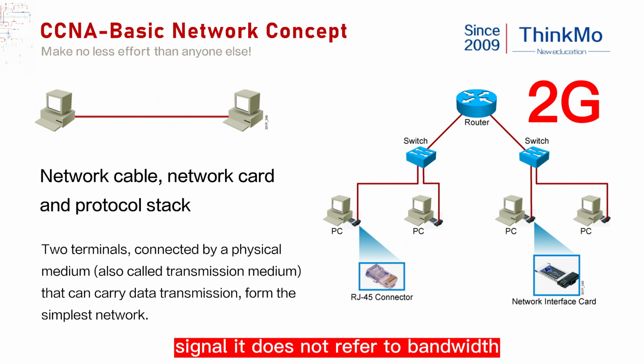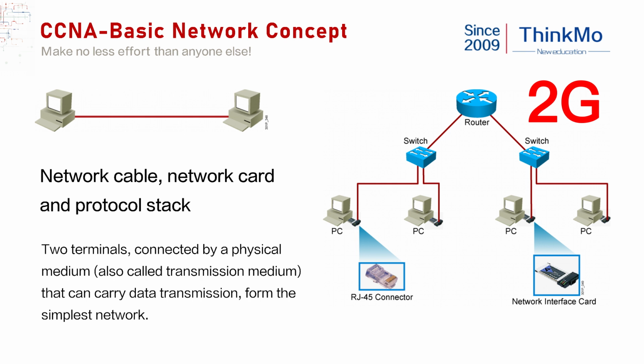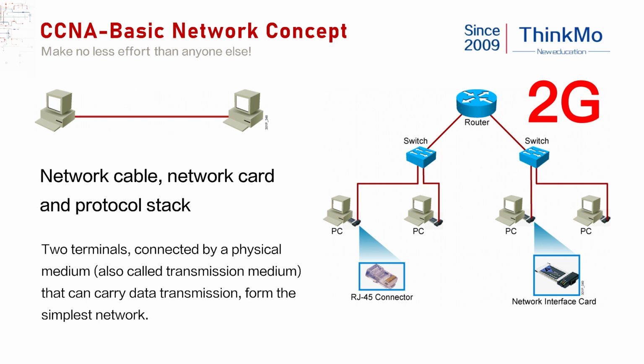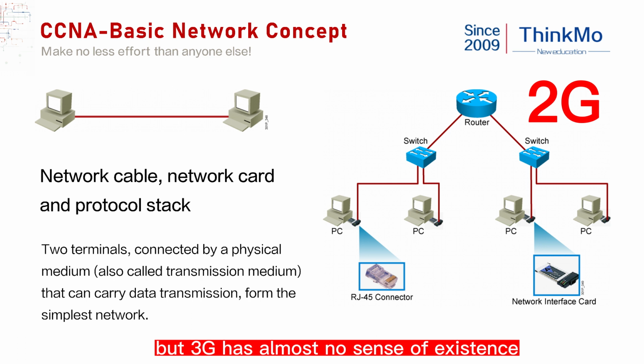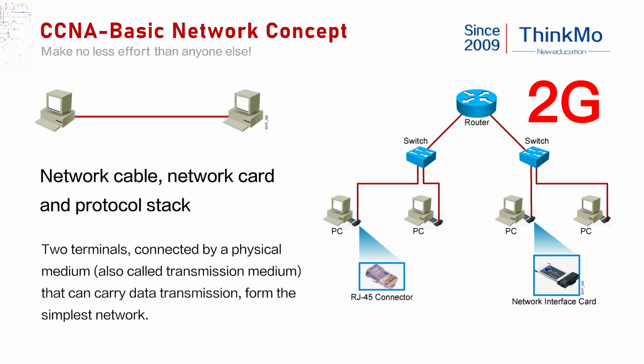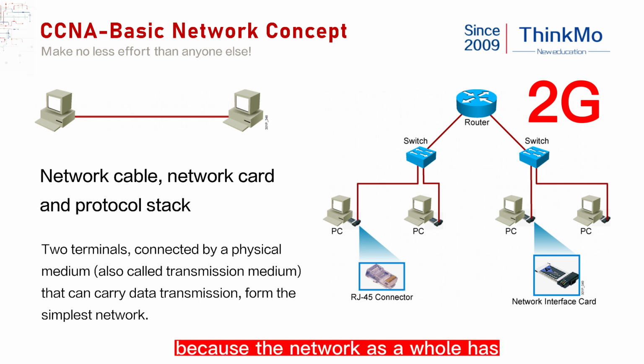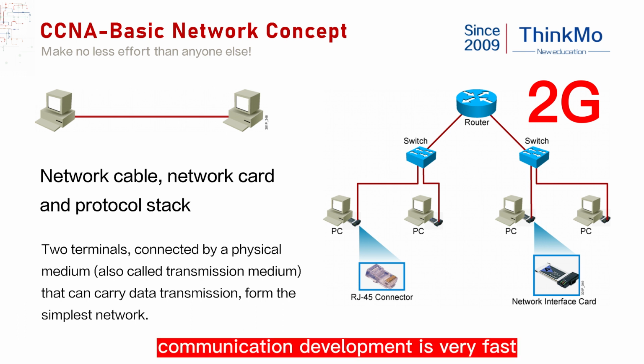It does not refer to bandwidth; we mean signal generations 2G, 3G, 4G, and now we have 5G. 2G lasted a long time. 3G came later, but 3G has almost no sense of existence. We quickly transitioned to 4G, because overall communication development is very fast.